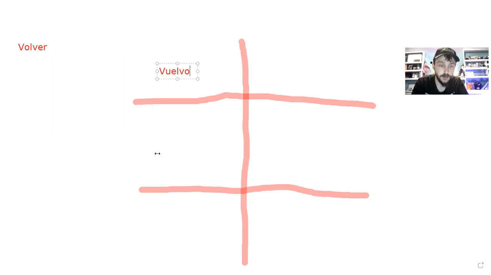Tú vuelves. Él, ella y usted vuelve. Nosotros, nosotras volvemos. Notice no stem.